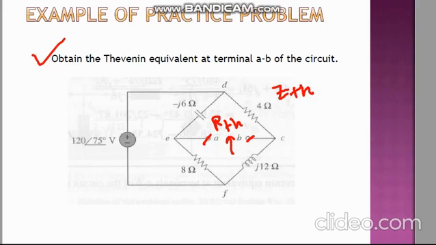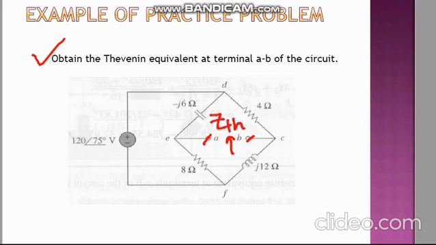If no load impedance or load resistance has been given, just throw it out. Find out where the terminals A, B are here. So first of all, to find the Z Thevenin or R Thevenin, particularly that will be Z Thevenin.